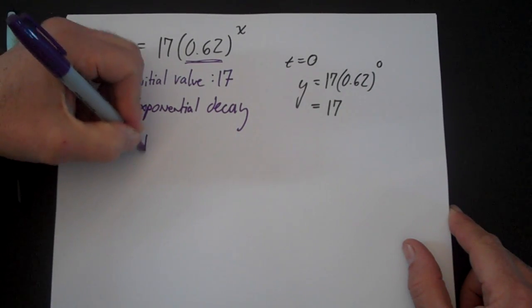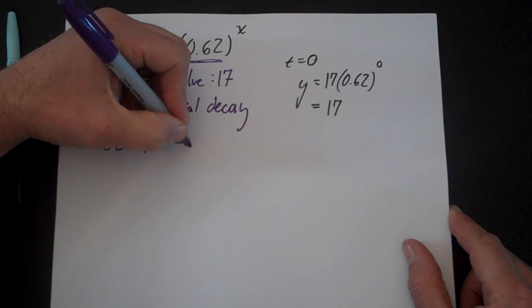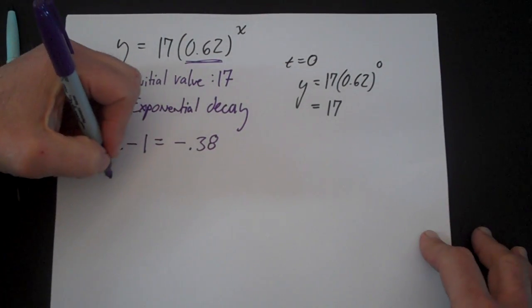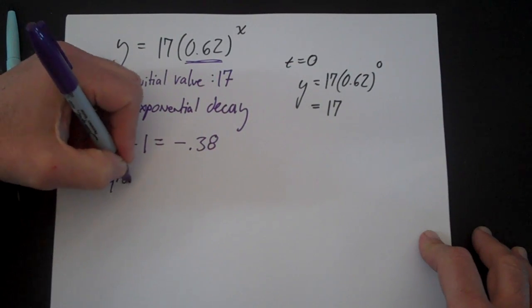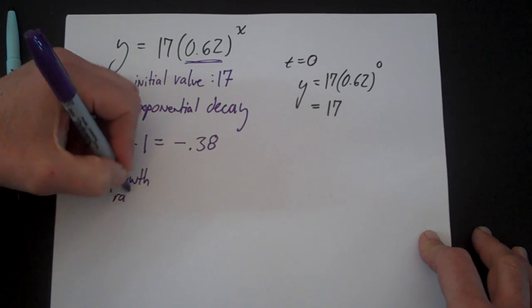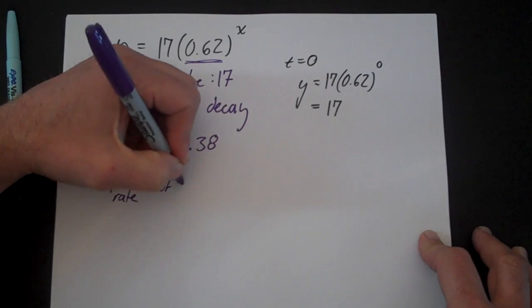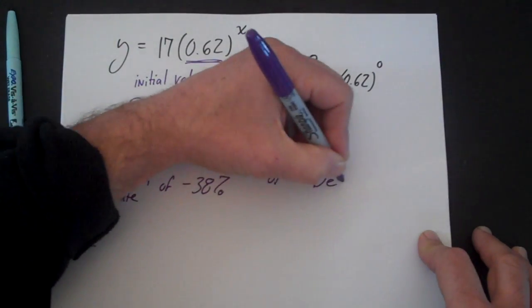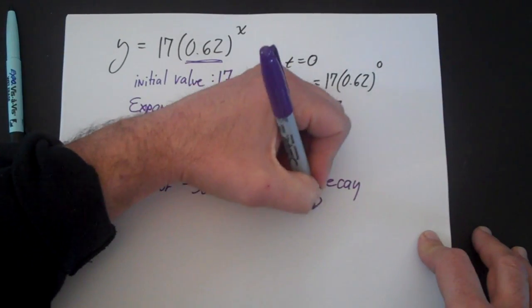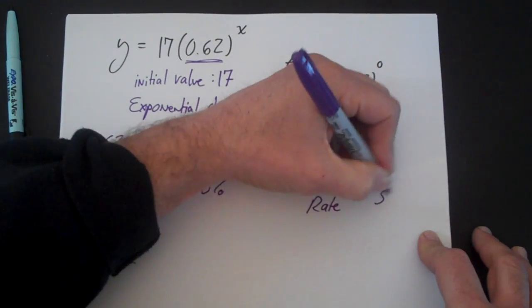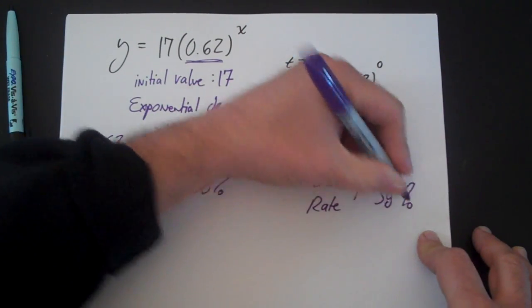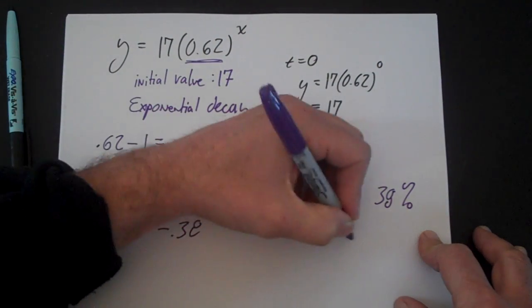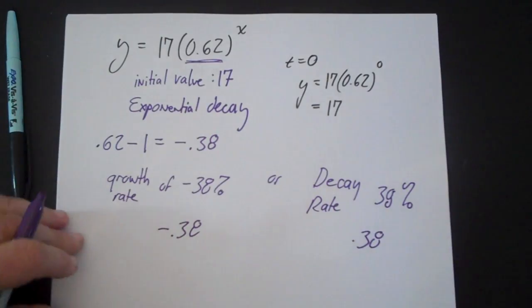So 0.62 minus 1, you get a minus 0.38. And you can actually say this two ways. You can either say a growth rate of minus 38%, or you can say a decay rate of 38%. And both of those are quite correct. Or you can say minus 0.38 or 0.38, however you wish.